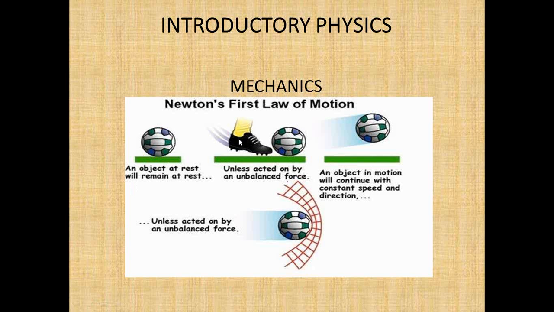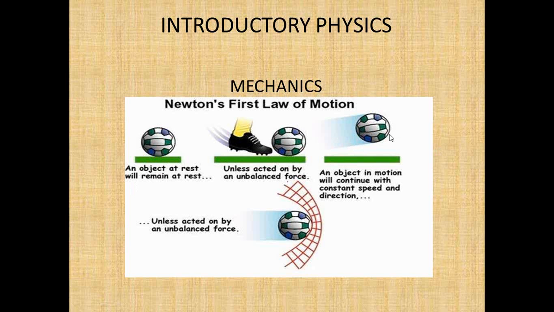This is an unbalanced force, because everything was in perfect order, but if this unbalanced force strikes the ball in this direction, okay, then the ball is going to move, it's going to be in motion, and it will continue at the same speed, same direction, unless it is acted on by an unbalanced force.